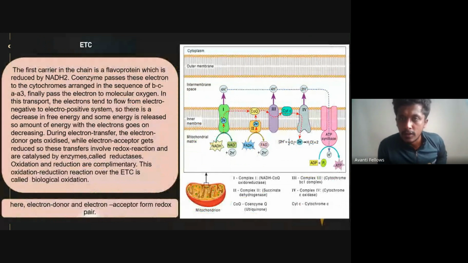So first thing is we have complex 1. In complex 1, what happens is NADH is oxidized to NAD+. When NADH is oxidized to NAD+, it releases 2 hydrogen. Okay. During this process, it donates 2 electrons to our complex 1. So now what complex 1 does is, once this bond is broken between NAD and H, the electrons are taken up by complex 1 and given to our ubiquinone, which is called CoQ.